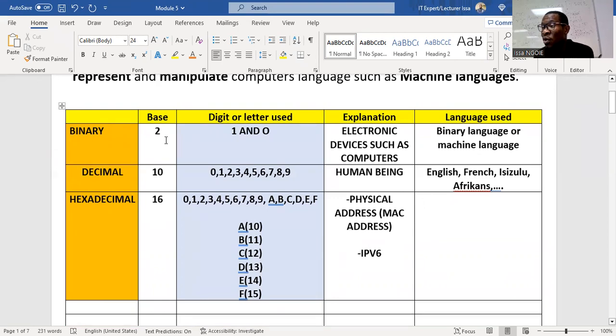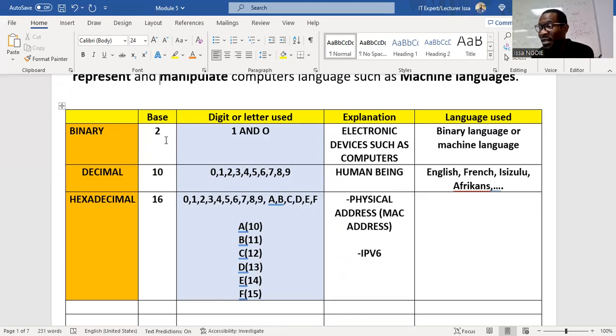Two states mean on or off. Sometimes we use 1 or 0. So 1 means on, 0 means off. So binary language will use two numbers, 1 and 0. 1 means on, and 0 means off.